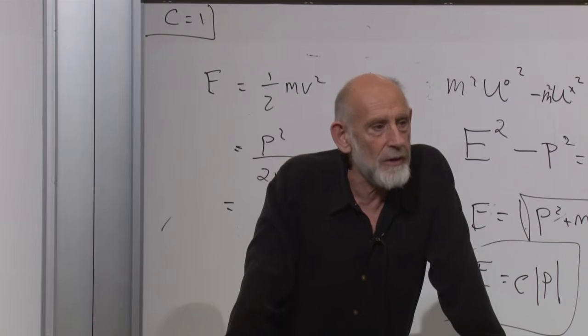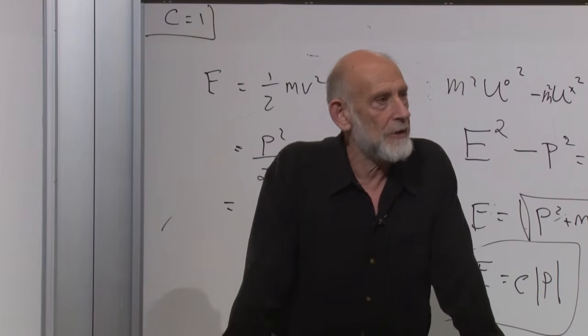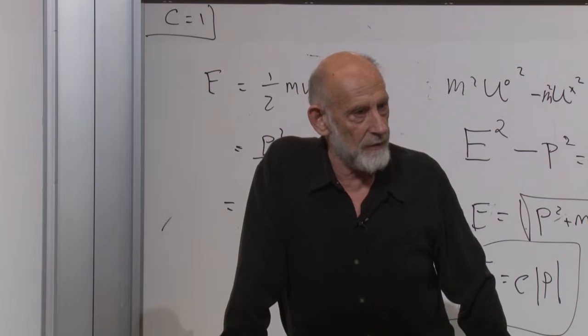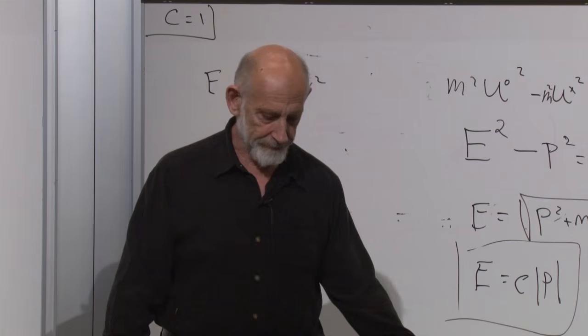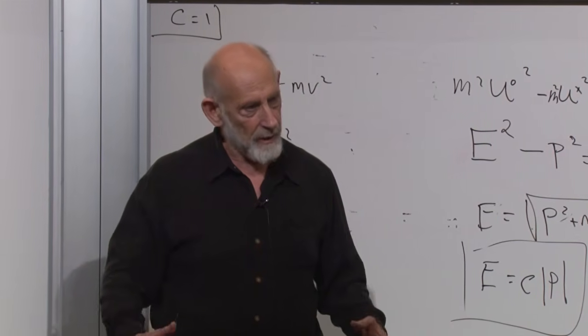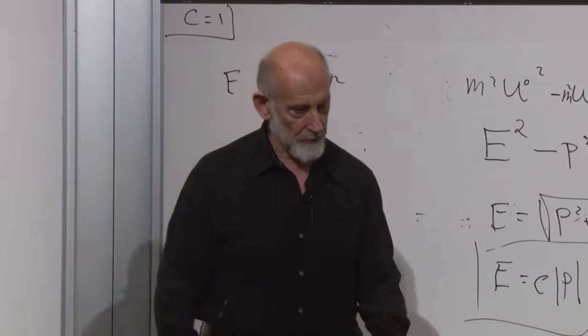Remember, the rule is momentum is conserved for a truly isolated system. A truly isolated system means that you've accounted for everything in the system and nothing else is interacting with it. Then the momentum of that system is conserved.